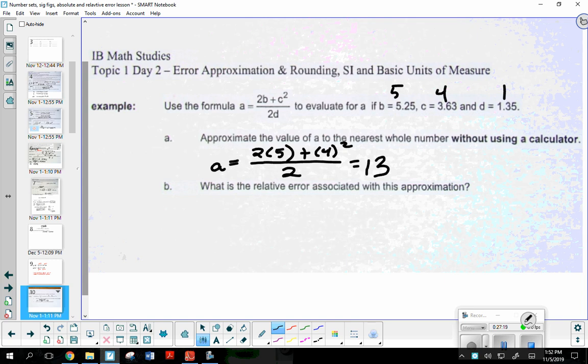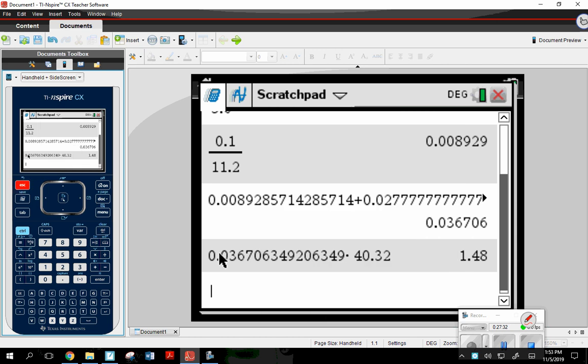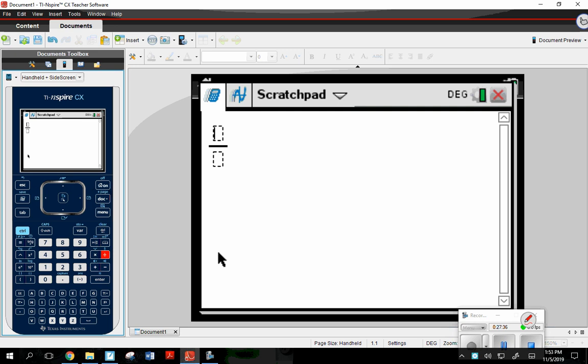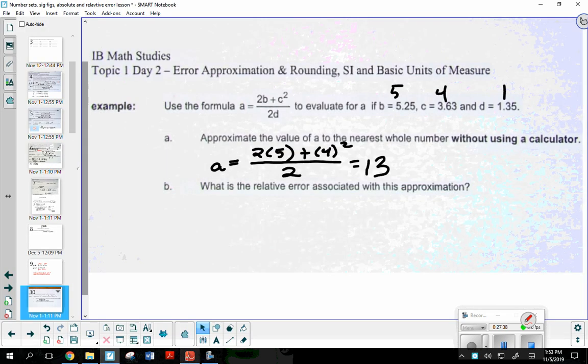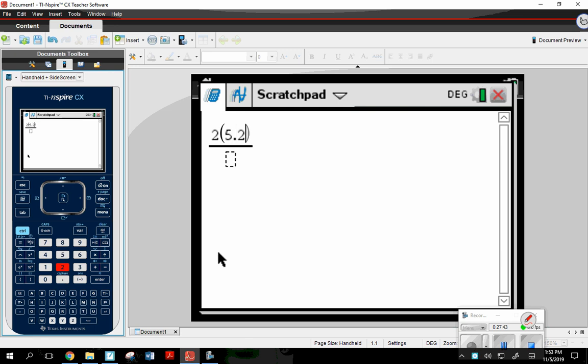Now we just do like we would before. Now we need the exact value. What was it? 2b, or not 2b, right? It was 2 times, what were these values here? 5.25. Then it was plus 3.63 squared.